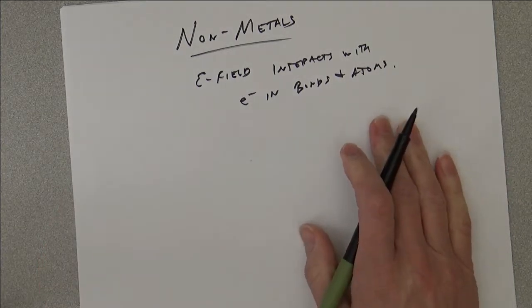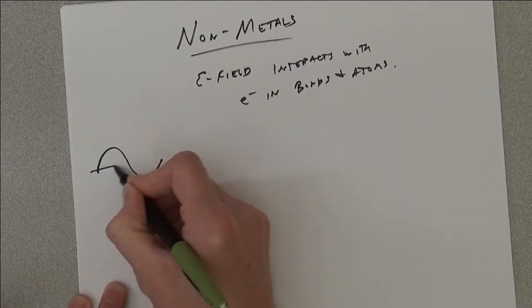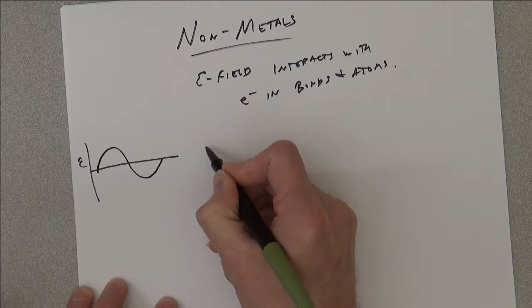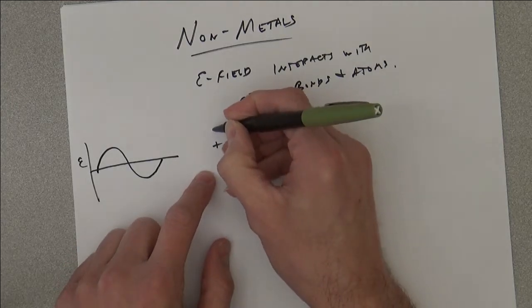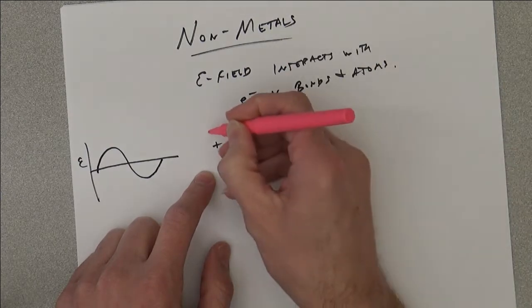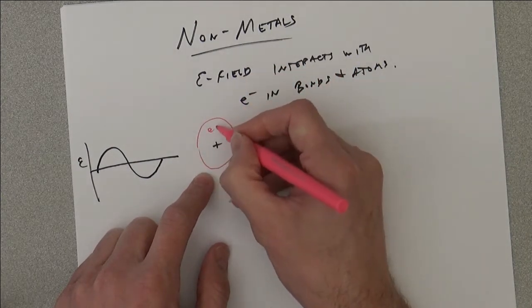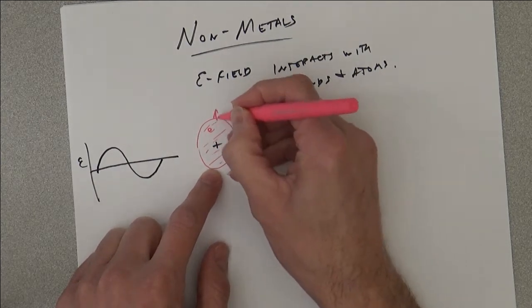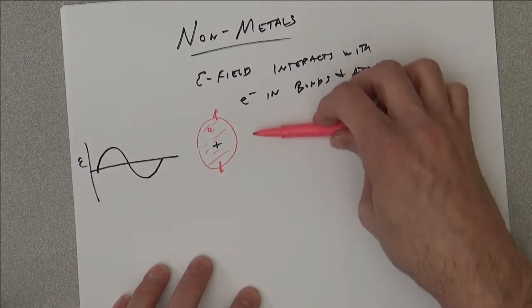So you can imagine you've got some oscillating electric field, then the atoms, which have a positive center and have some electrons around them. These electrons will become mobile, and you'll get an oscillation of these.